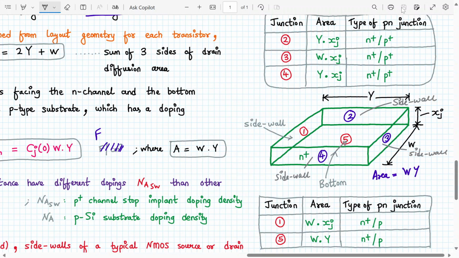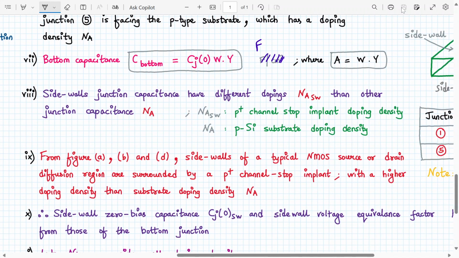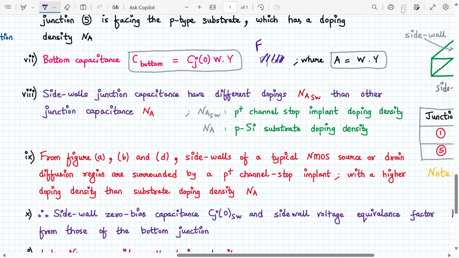Here it is P plus, here it is P. So the sidewall junction capacitance has a different doping, called Na sidewall, NaSW. The P plus channel stop implant doping density is Na sidewall, other than the junction capacitance doping, which is Na. So Na is the doping of the P silicon substrate, and Na sidewall is the doping of the P plus channel stop implant. So take care of this.